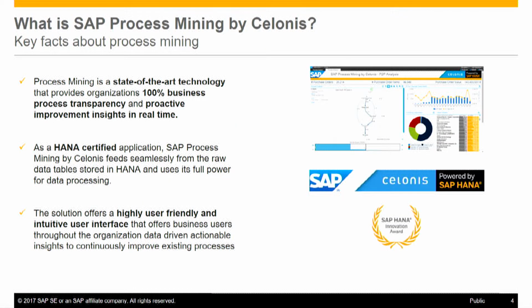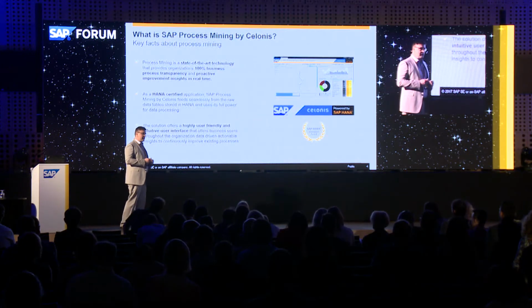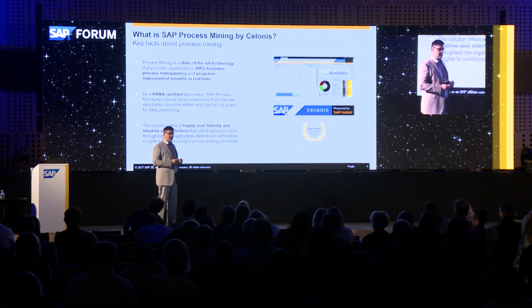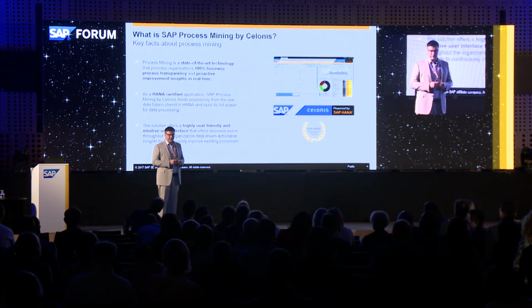It's an analytical tool which allows you to get into the details of how you run your company with every single business process, be it procure to pay, order to cash, accounting, utilities, IT service management, what else. The other thing important to note is that it's a tool which is 100% HANA certified. It gets its information from the HANA raw tables, and therefore it utilizes the power and speed of HANA in its own application.